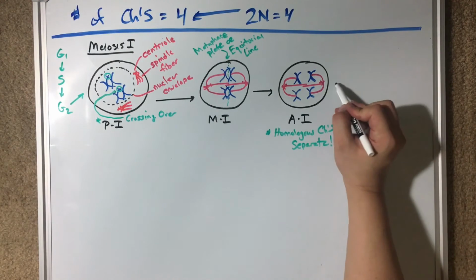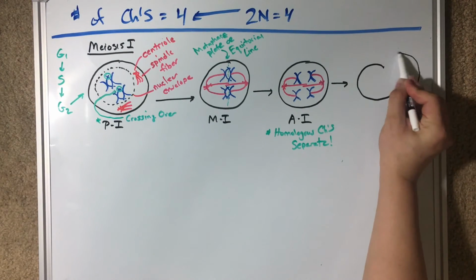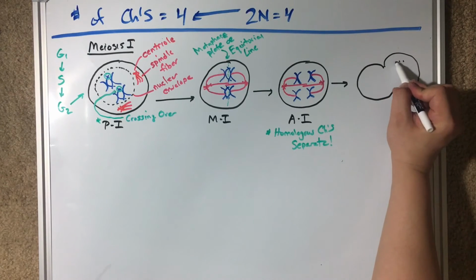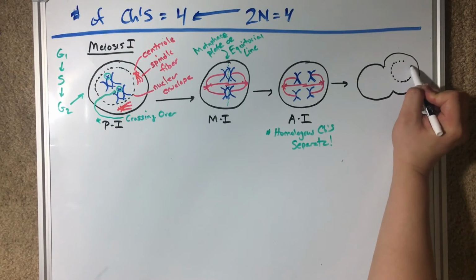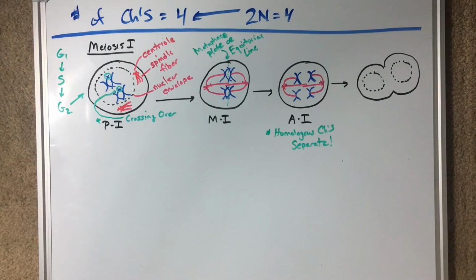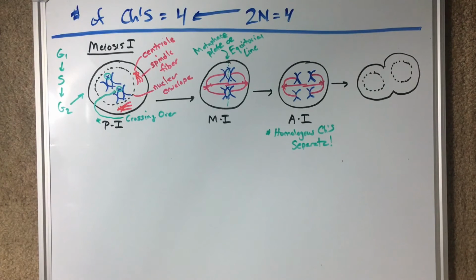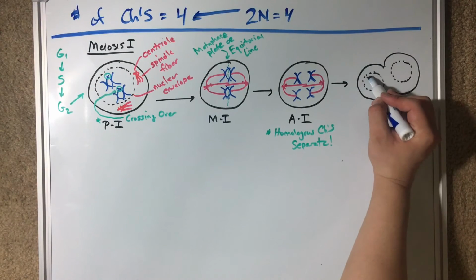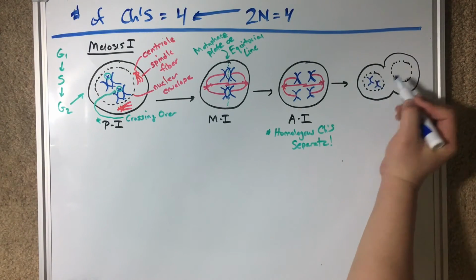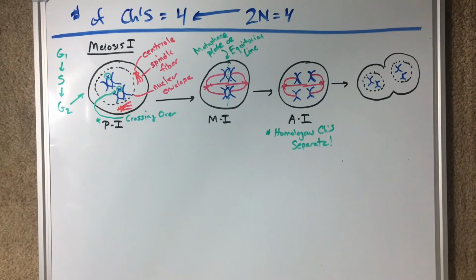And then lastly, for meiosis 1, we have the splitting of that cell. The nuclear envelope is coming back, and the homologous chromosomes are now in each of those nuclei.